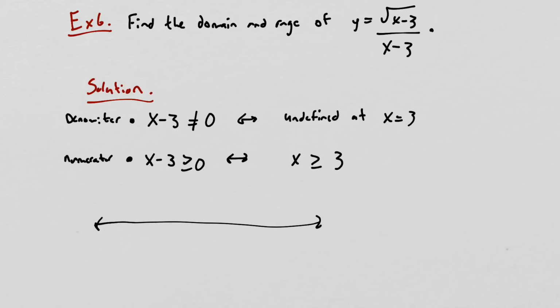Our function is going to be defined everywhere by our denominator except at 3. And then also, our function is going to be defined only when x is greater than or equal to 3.